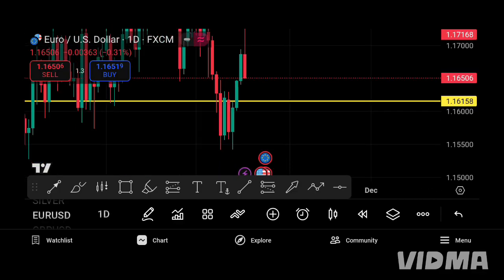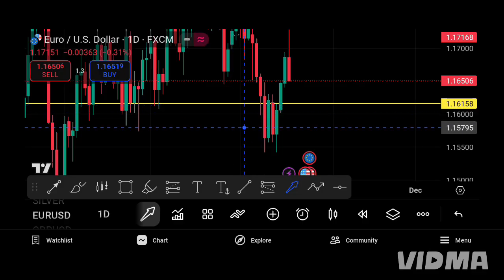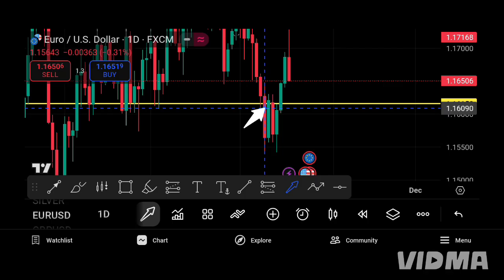Remember, this is the line that we marked, this yellow line, moving from here out to this side. That's the line that we have marked, showing us the closing of last week and the opening of this week.